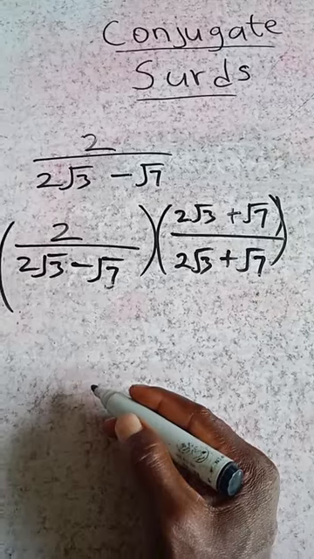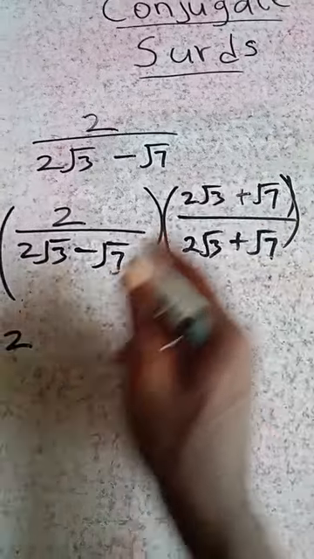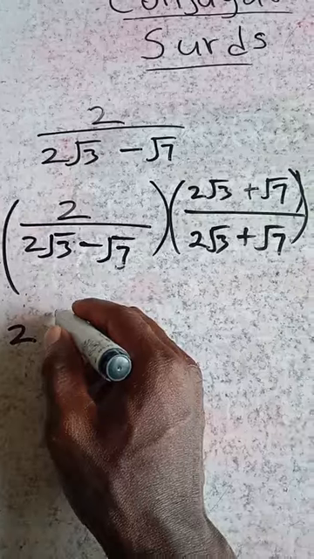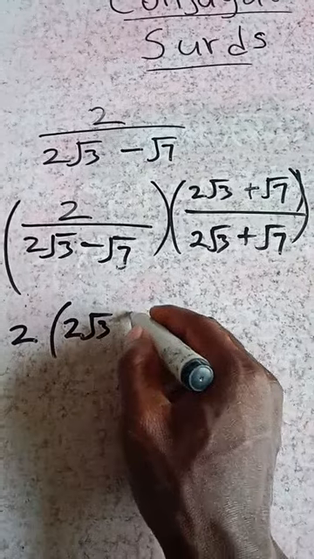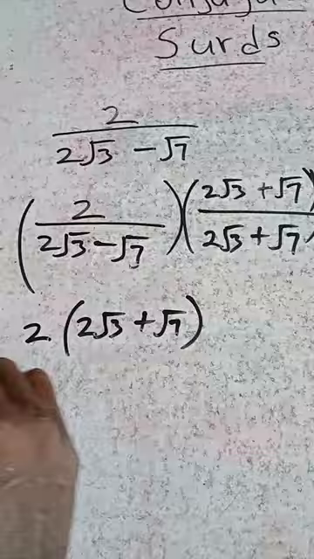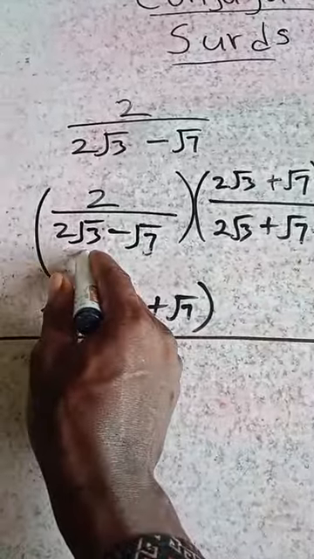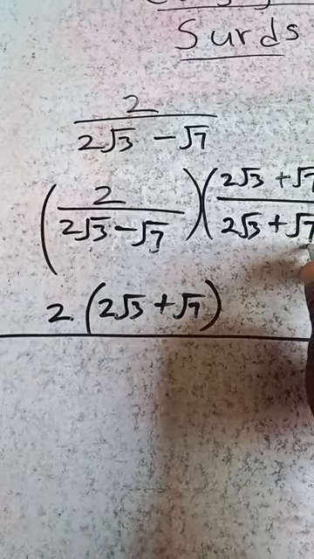Okay, so at this point we will multiply. We'll use 2 to multiply 2 root 3 and root 7. So 2 will multiply 2 root 3 plus root 7. Are you getting it? Then all over, 2 root 3 will multiply 2 root 3 plus root 7.